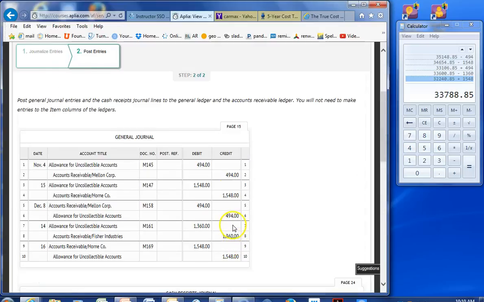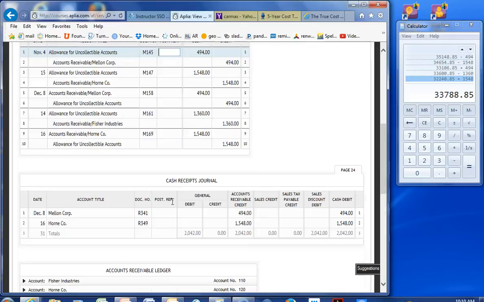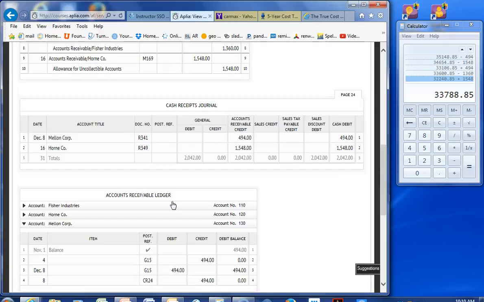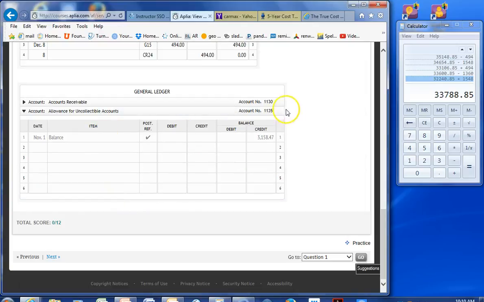We have to go back up here and fill in these. Okay, the account for uncollectible. Oh, we didn't do that one. Ha! Okay, let's do this first, and then we'll go back and fill in the numbers.